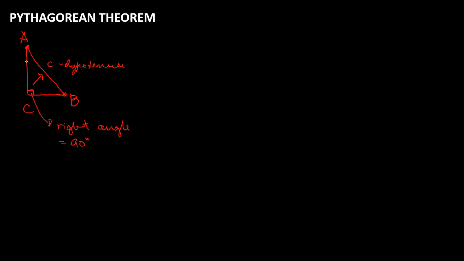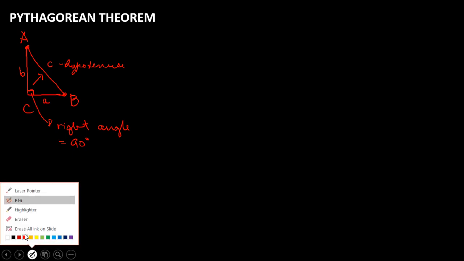The other two shorter sides, side AC and side BC, are the legs of the right triangle. Shall we name this as leg B? Leg B because it is opposite to our angle B. And leg A, the other shorter side, because it is opposite to our angle A. So these two together are our legs, let me change the color.